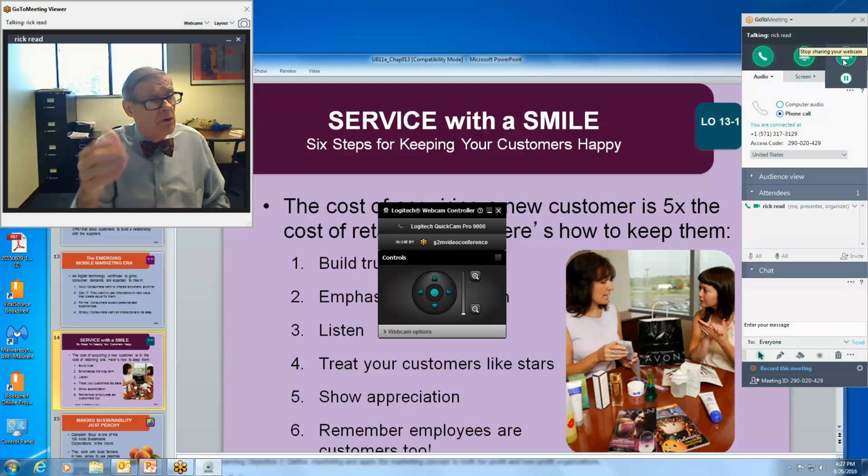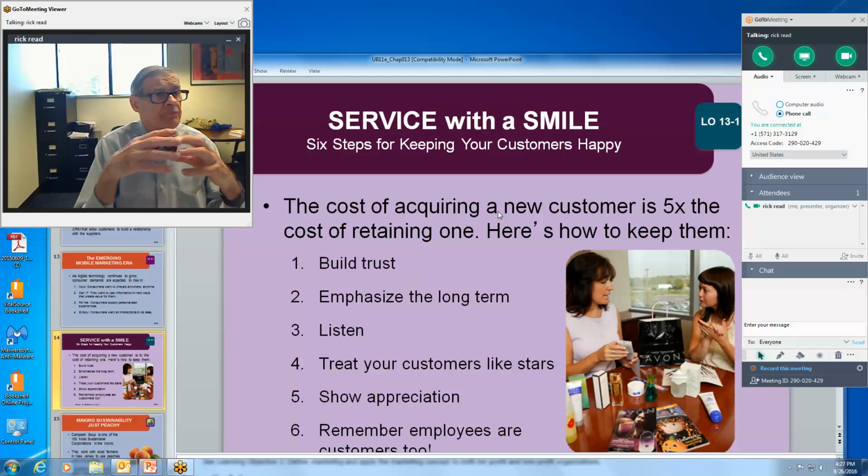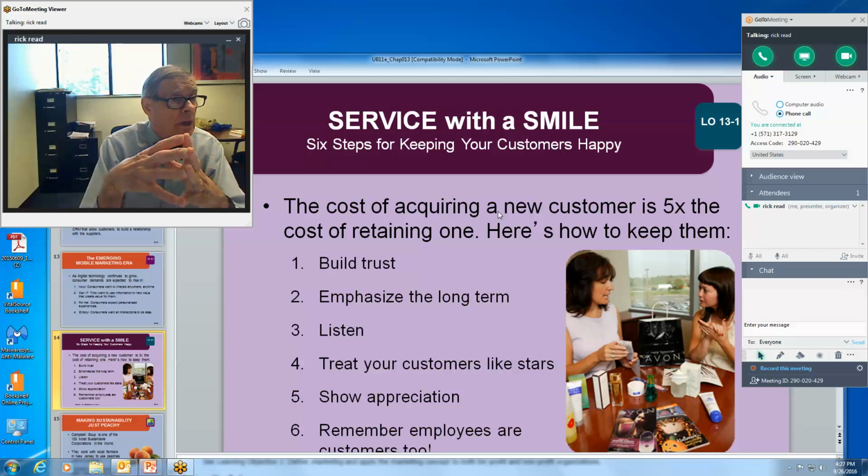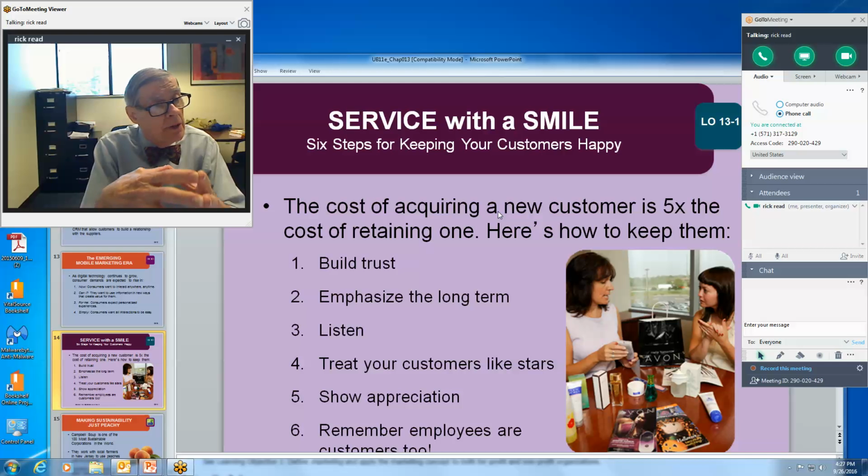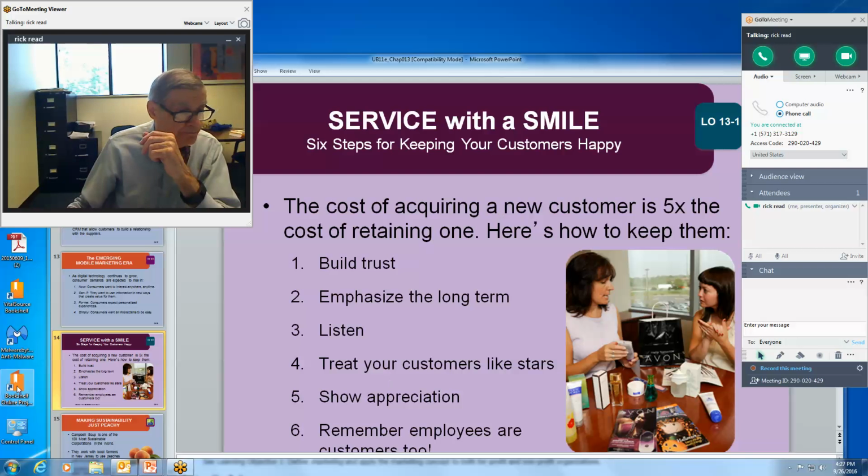And then building trust. I think that's very important, because in many cases, a sale is made upon the trust that's made between the marketer, the seller, and the buyer, not necessarily the product. Now, I'm not going to tell you the product isn't important. It is important. But that trust is developed between those two people. So that is something that's really important.